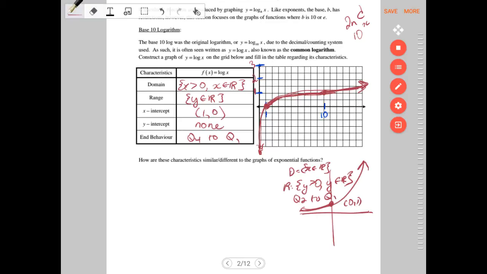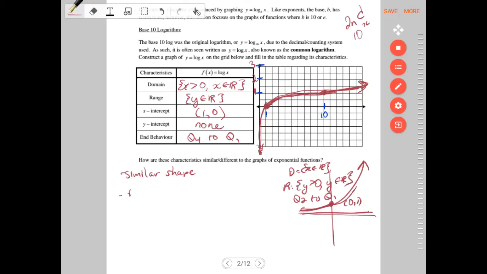The domain is opposite the range. The range is opposite the domain. The x-intercept is reversed. It's now the y-intercept. The y-intercept is none, whereas the x-intercept on this graph is none. So how are they similar or different? Well, they have the same kind of shape, but that's about as far as it goes.